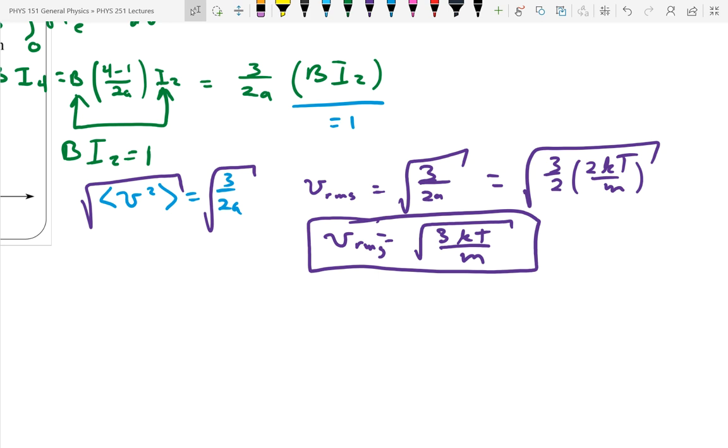Was it Friday that I did the kinetic theory of gases? Where I talked about a particle bouncing in a box, and we calculated the change in momentum when it bounces, the average time between collisions. So we found the average force was change in momentum on one collision divided by the time between collisions. And we worked our way from there and found that the RMS speed was the square root of 3kT over m. So this is referring back to what we did in class last week.